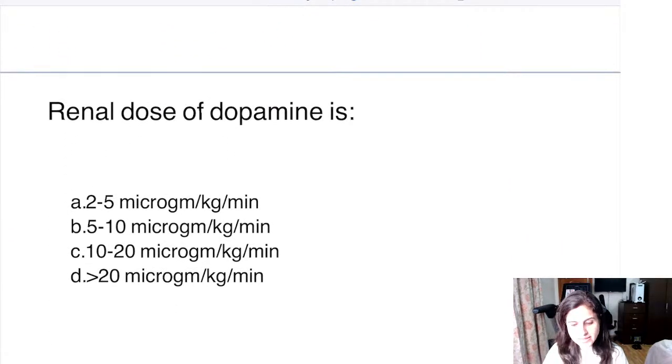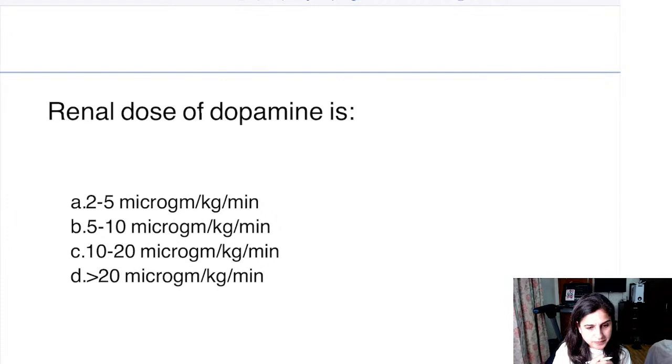All right. Next is the renal dose of dopamine. What is the renal dose of dopamine? By the question it means on which dose we give dopamine, as its effects are dose dependent, right?